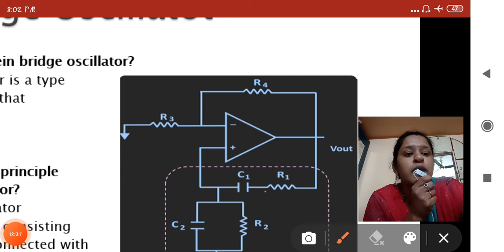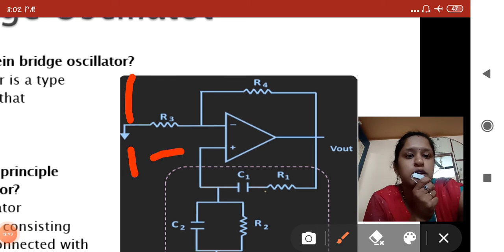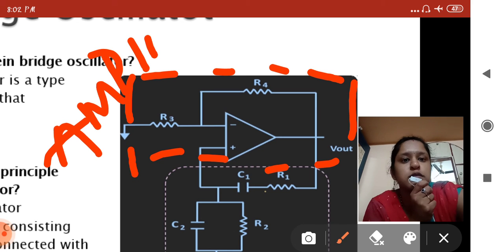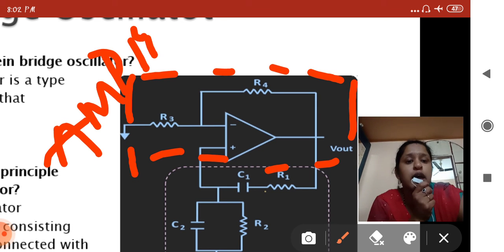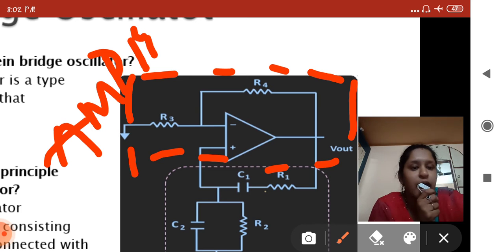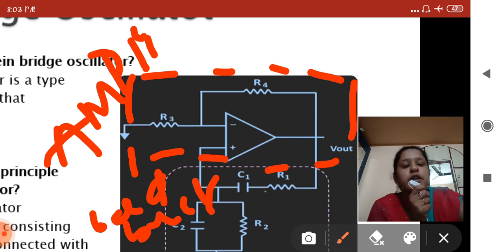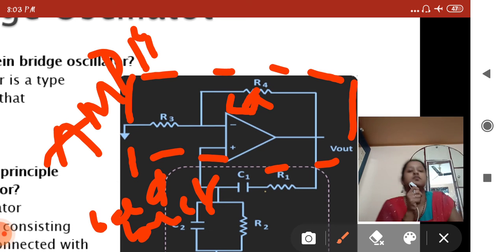One more thing: this is an amplifier circuit, and this is a feedback circuit. One is a feedback circuit and one is an amplifier circuit. This is a pot of the resistance. Are you getting my point?